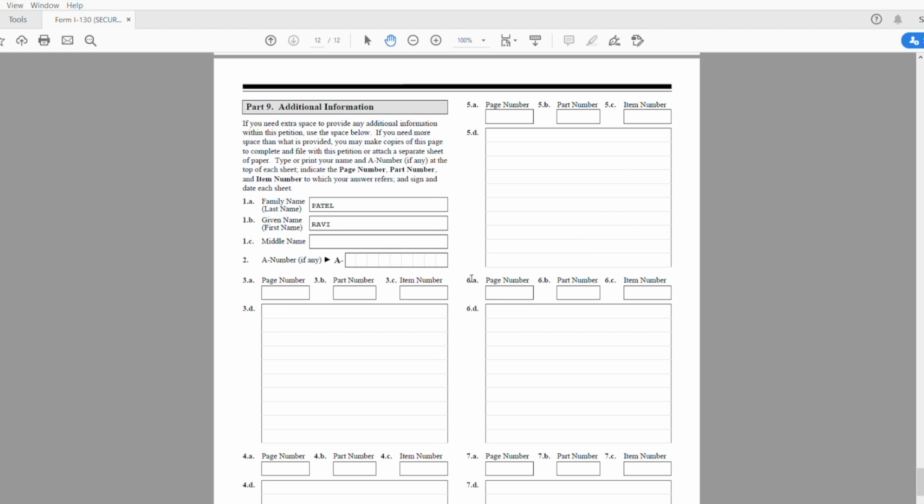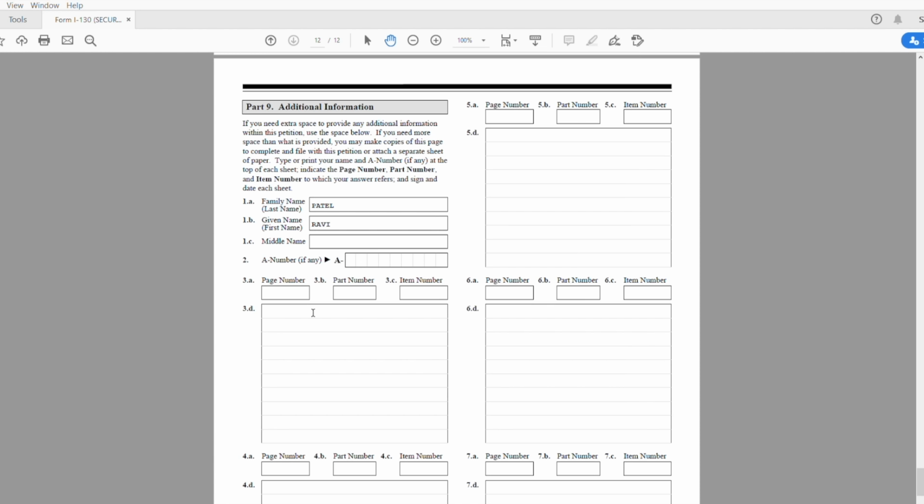So as I mentioned previously, if you need additional space to enter your address history or your employment history, or you need to attach any additional information that you couldn't fit into the form space provided above, you can go ahead and include all that additional information in Part 9.